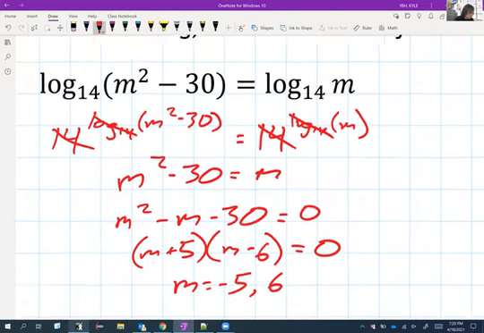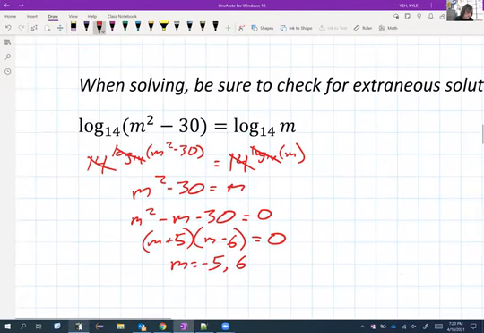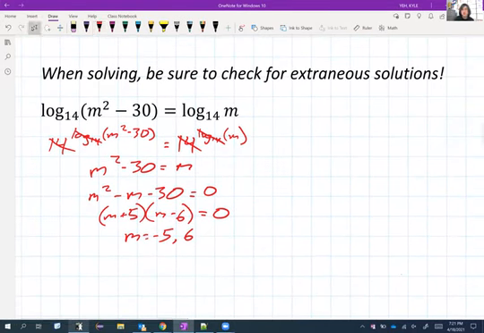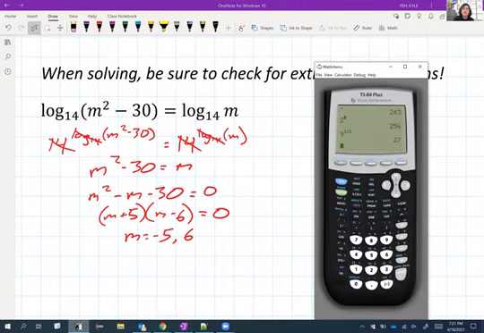However, I'm going to introduce right now a really important concept and the main cause of extraneous solutions. Now, on my calculator on the screen, I don't have a log base 14 button. All I have is a log button. And so I'm going to ask you right now to take my word for this, that these logs work kind of the same way in this regard.